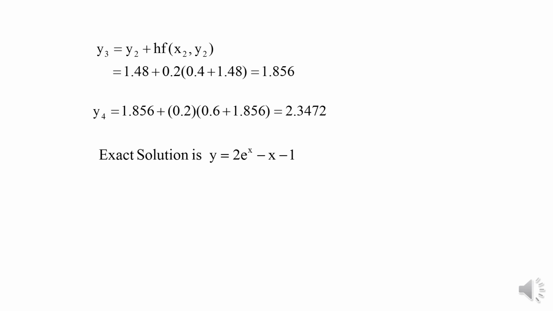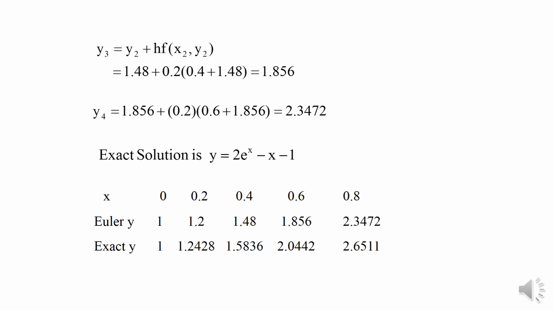We substitute values of x as 0, 0.2, 0.4, 0.6 and 0.8 and compare the exact value and Euler's value. We can see there is a small difference. For 0.2 the exact value is 1.2428 and Euler's value is 1.2, and similarly for 0.8 the exact value is 2.6511 and Euler's value is 2.3472.